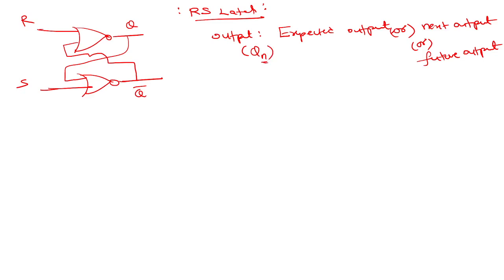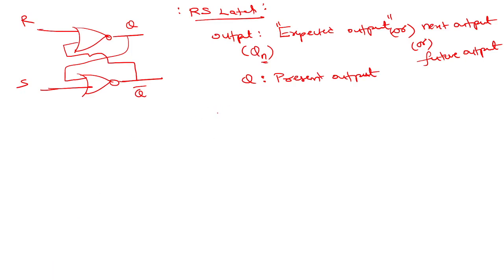Okay, the notation is Qn, right? I will be using the word expected output most of the time, because that makes sense. Next output, future output, that's also okay, fine, but expected output is the one which makes clarity. So when I say Q, that is nothing but present output, means what is currently available, right? This is the thing that you need to be clear about, all right?